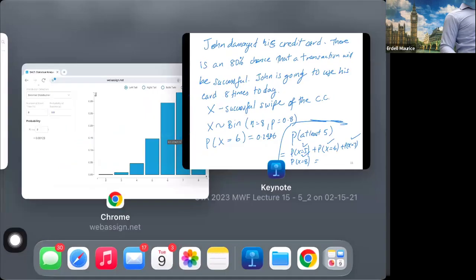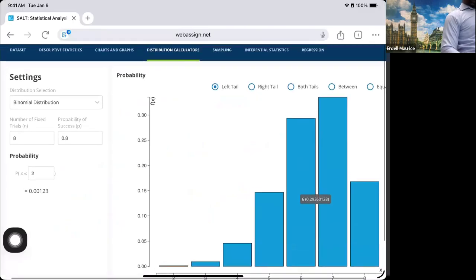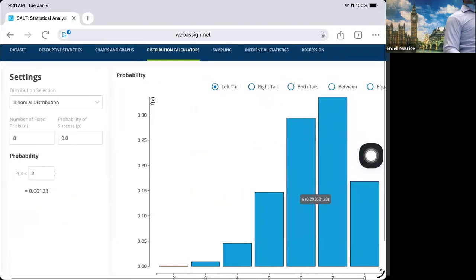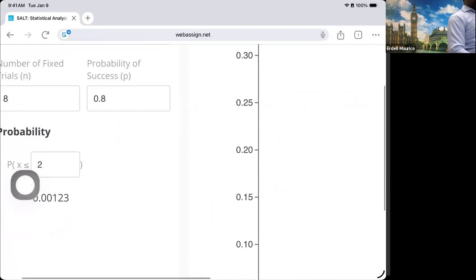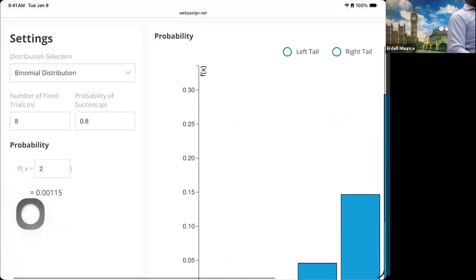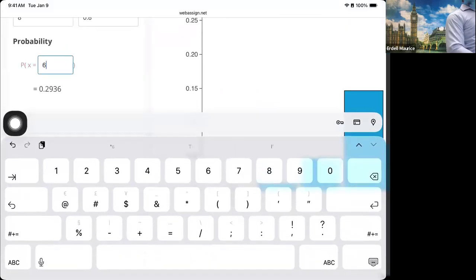Let me show you a different way to get to the same answer. If you click up here and you click on equals, I have these choices right here. If I click on equal, this symbol will change to an equal sign. So now they're asking the probability X equals, and I can type in 6 into this box. And then you get the answer again, 0.2936.